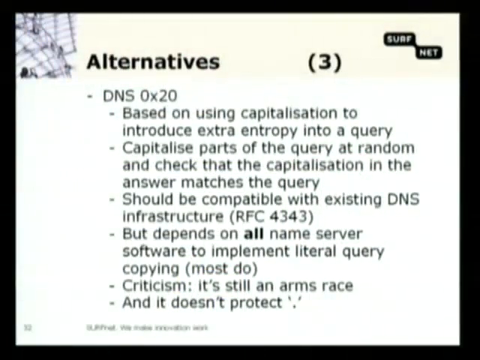And finally, something is available that's called DNS 0x20, which says, well, hey, DNS is case insensitive. Why not use capital letters in some of the queries, which would add extra bits of randomness to a query, as long as the authoritative server copies the capitalized letters in the response that he sends back. So I create an extra secret between the resolver and the authoritative server.